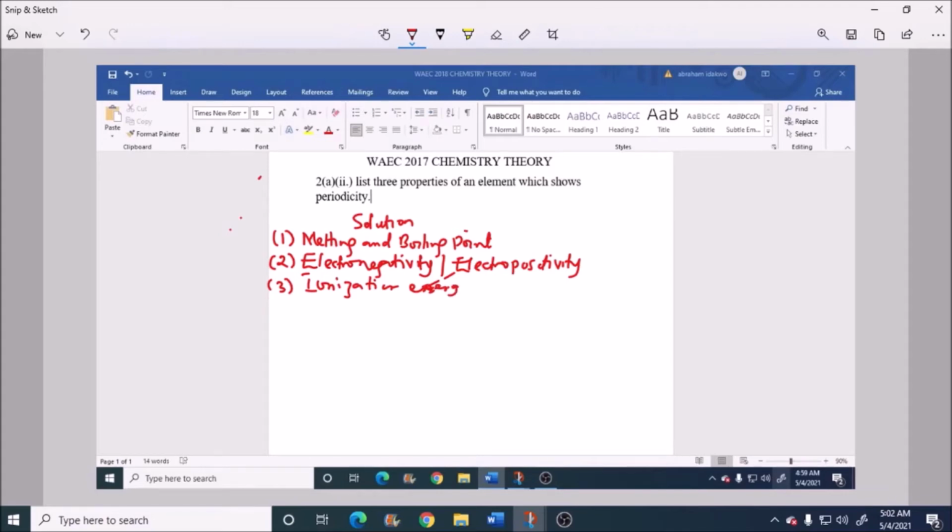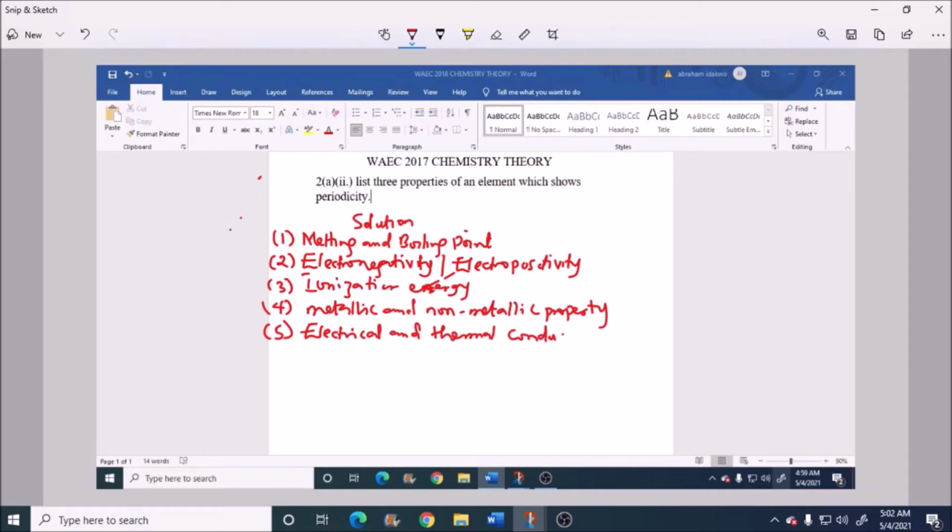Then number 4, we have metallic and non-metallic property. So it's one of the properties that shows periodicity. Then number 5, we have electrical and thermal conductivities.